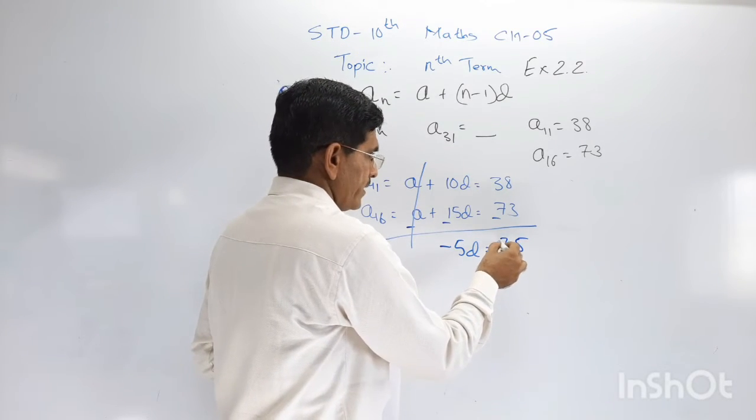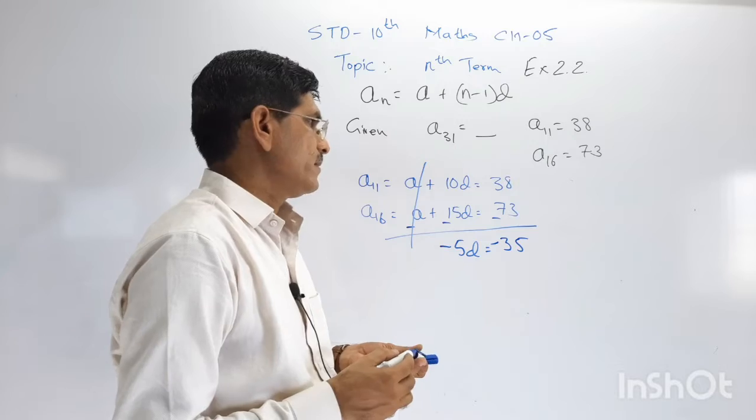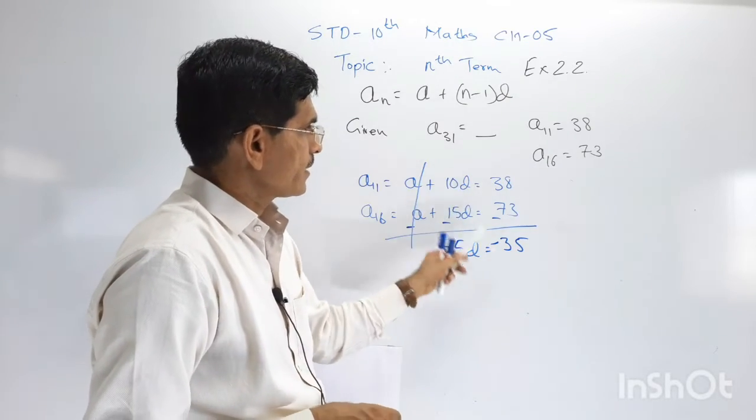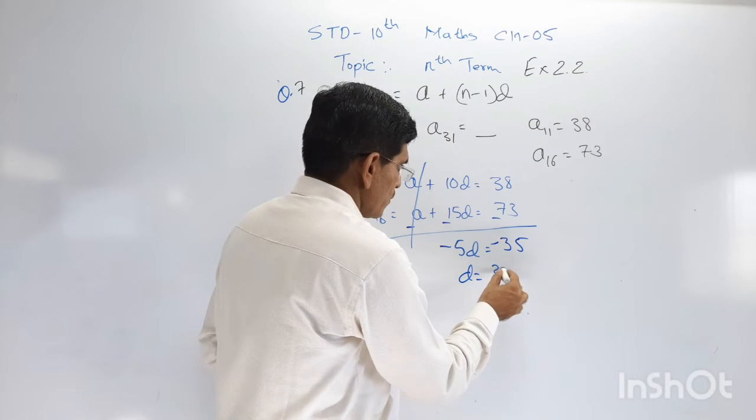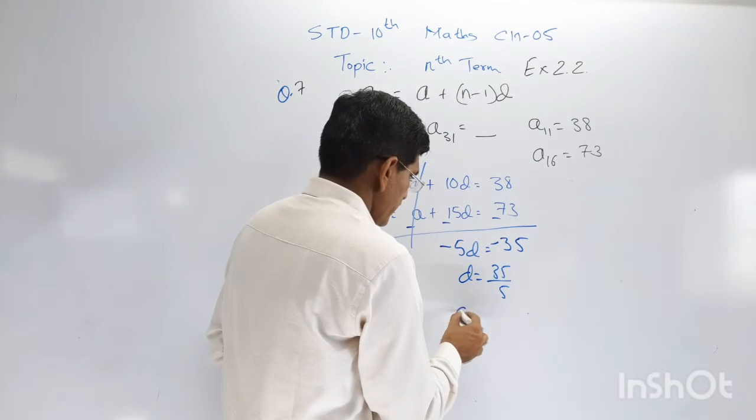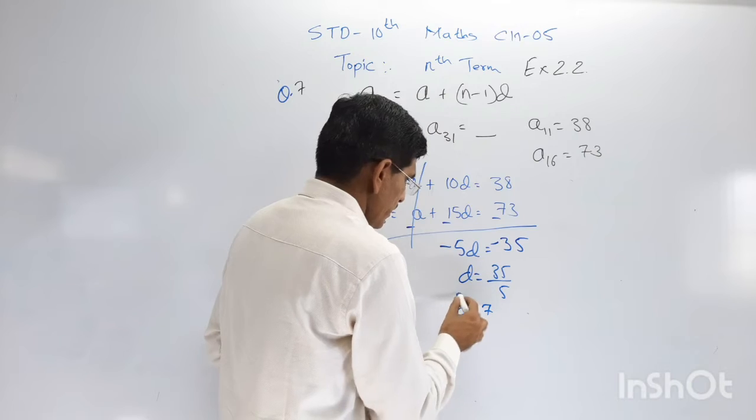So if I write minus 35, then I will get the correct answer. Now both sides are cancelled. So D is equal to 35 by 5, that is D is equal to 7.